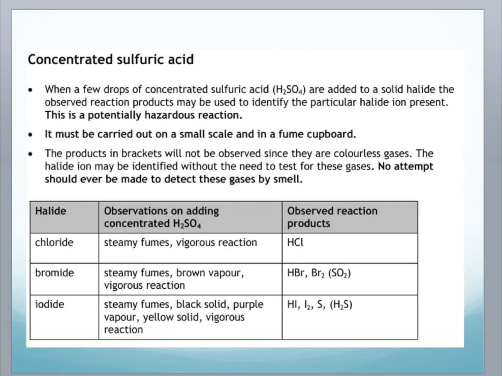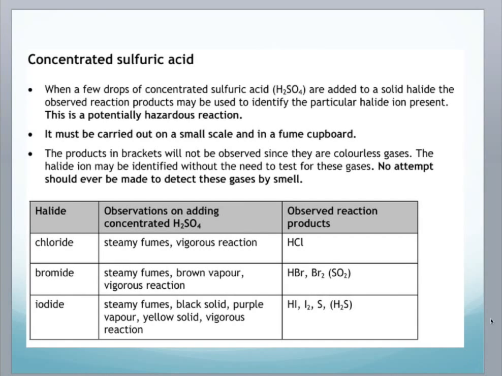You can also be asked to do the same test, but with concentrated sulfuric acid. This test is used to distinguish between different halides. The concentrated acid is carefully added to the solid. And again, you must do this in a fume cupboard.